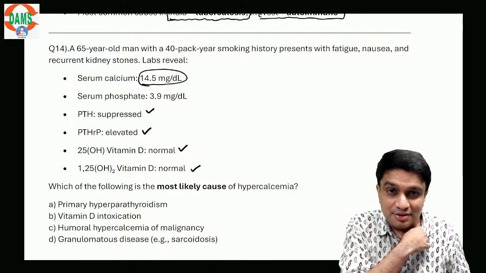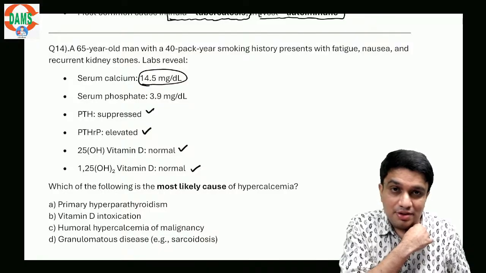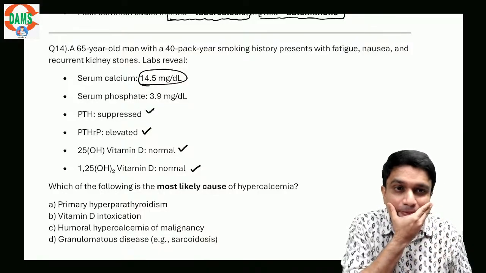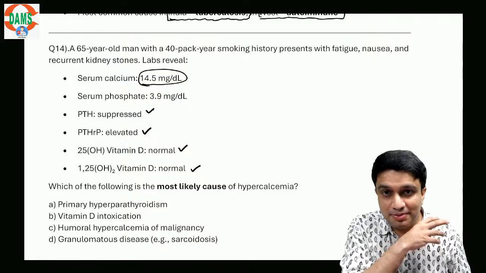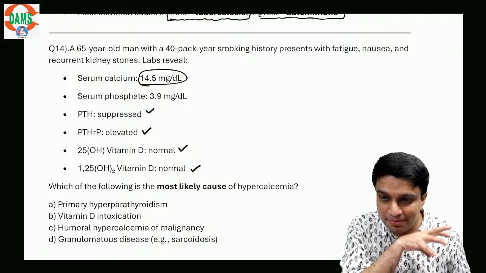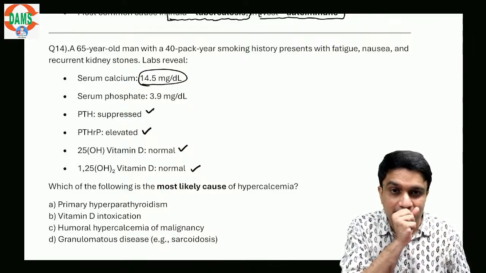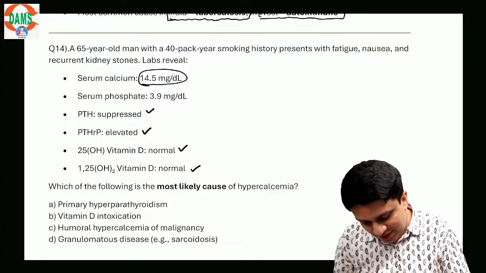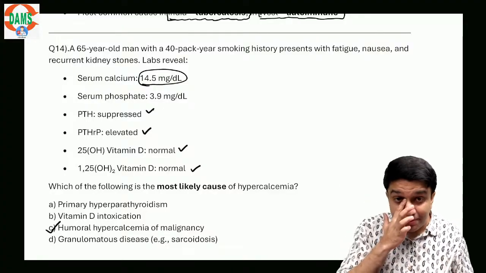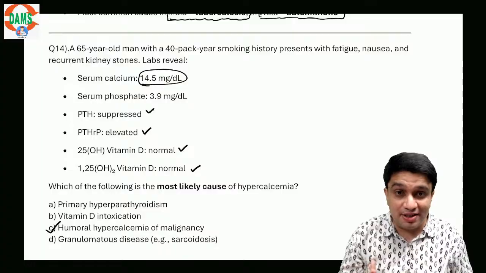What is this? This question almost came in NEET PG 3 years back. I saw this. It has to be a malignancy. Is it a primary hyperparathyroidism or malignancy related? It's a humoral hypercalcemia of malignancy, possibly a lung cancer.